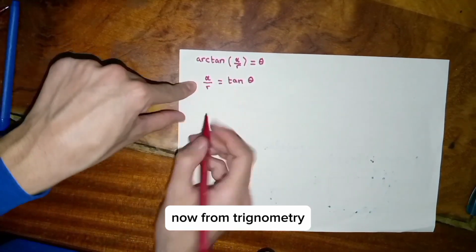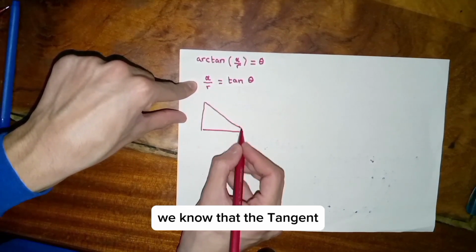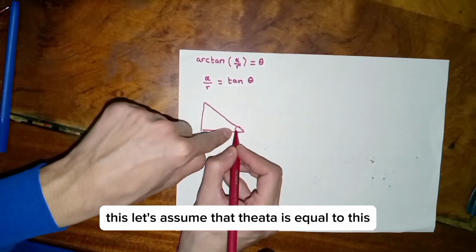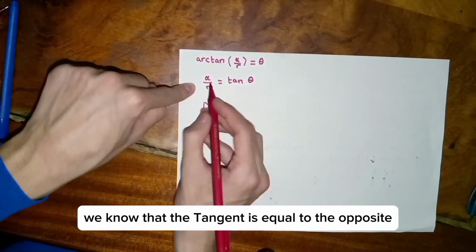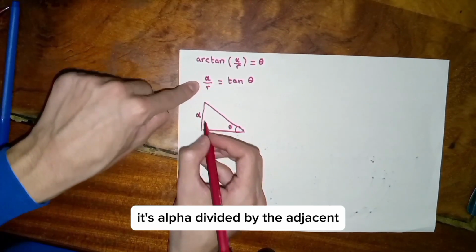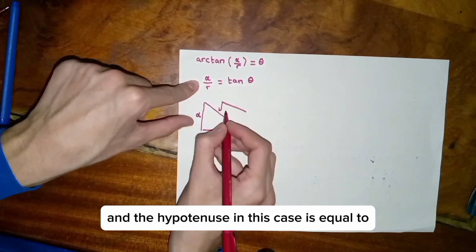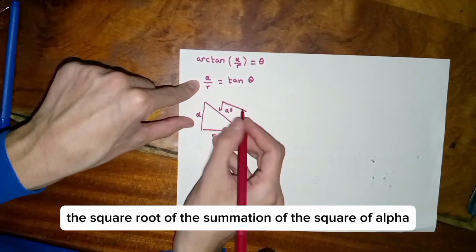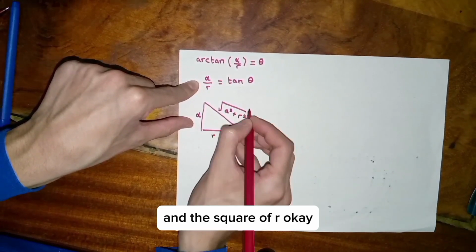From trigonometry, we know that the tangent is equal to the opposite, which in this case is alpha, divided by the adjacent, which is r, and the hypotenuse in this case is equal to the square root of the summation of the square of alpha and the square of r.